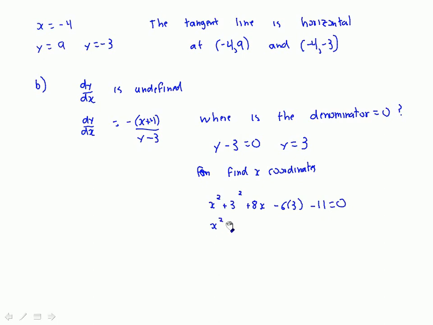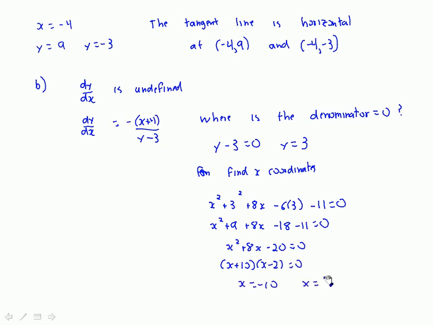So x squared plus 9 plus 8x minus 18 minus 11 is equal to 0. So x squared plus 8x minus 9 minus 11, which is minus 20, is equal to 0. So we get (x plus 10)(x minus 2) is equal to 0. So x equals negative 10, x equals 2.